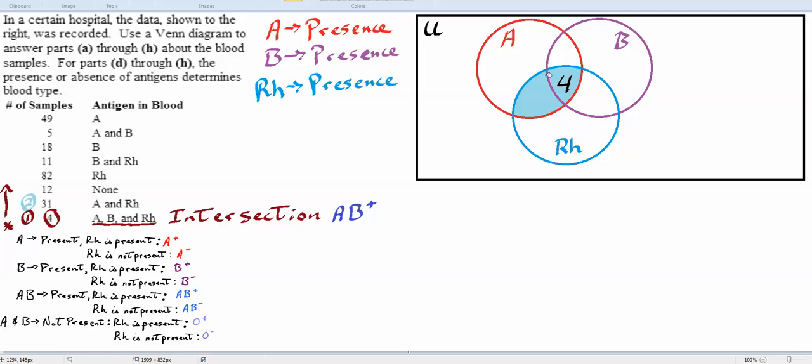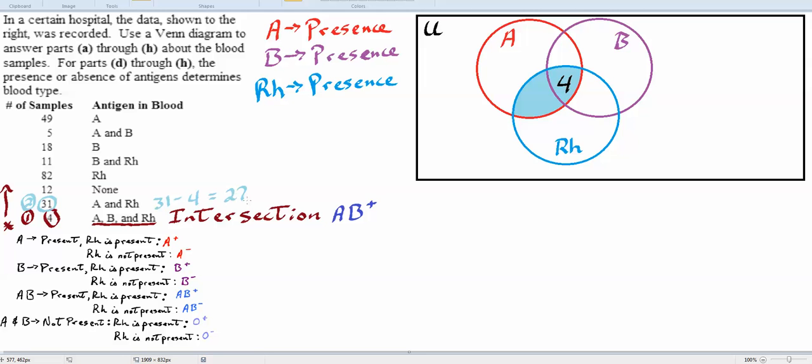And this entire light blue area is going to be made up of 31 people. But we already have 4 people accounted for. So this will be 31 minus 4, which will be equal to 27.